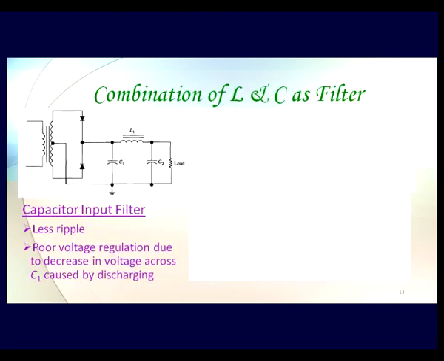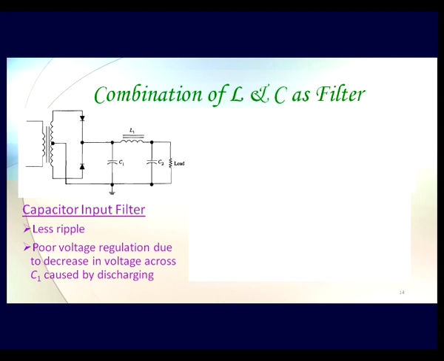But we can always have combinations of LC filters, where one type is the capacitance input filter, or a pi filter as we call it, where we have a capacitance in shunt with the load as well as at the output of the rectifier circuit, and there is a series L circuit.